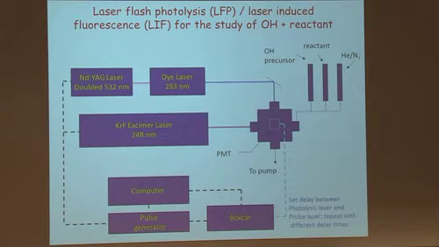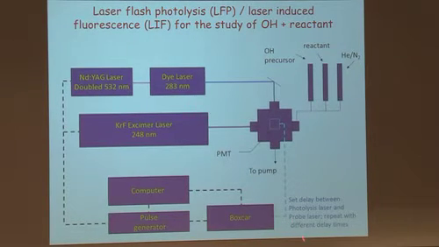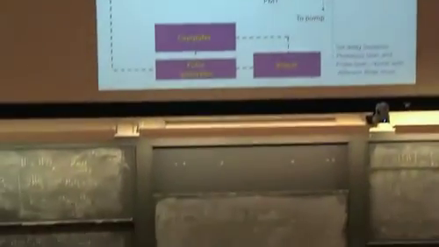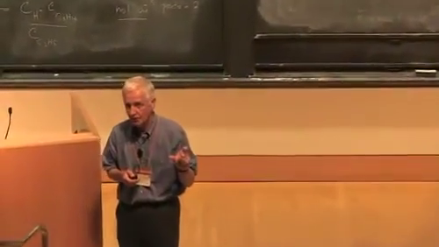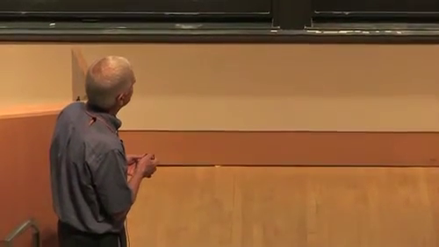These lasers fire typically once a second, and you might do an experiment over 10 minutes or 20 minutes or even an hour. So the beauty of this technique is that you use time averaging, and the time averaging allows you to measure concentrations which are very, very low. And I'll explain why that's important in a minute.